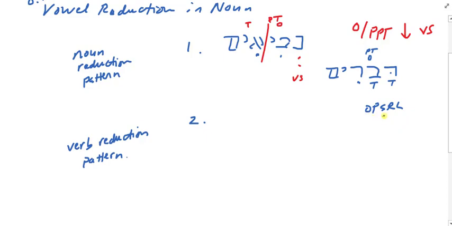Open pretonic syllables require a long vowel. I've already got a long vowel, so nothing changes. But now this is open and propretonic once I add this new syllable with the eem. And what's that long a going to do? It will reduce to vocal shava. And so davar becomes devarim. Devarim. So we're going to see this kind of vowel reduction happen with nouns over and over and over again.